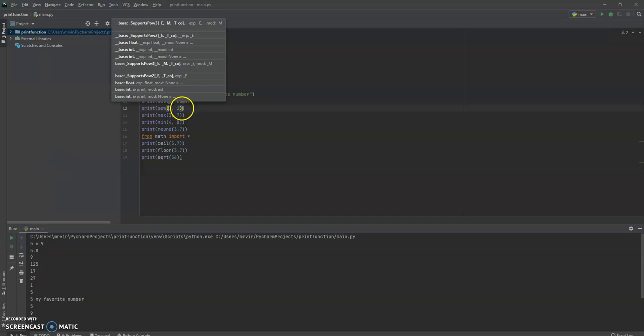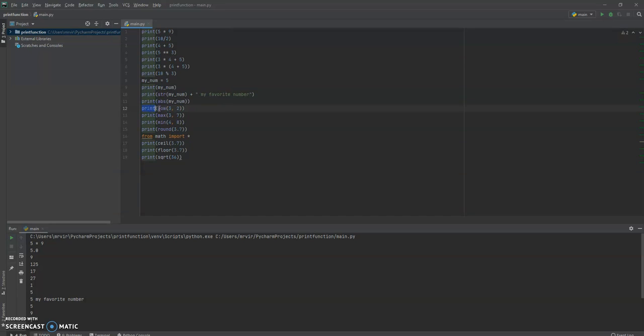So print, then parentheses, then pow, and another set of parentheses, then 3, 2. It's going to do 3 to the power of 2, which is 9, so it should print 9. I believe it's line 12. Right over here, yep, it prints 9.